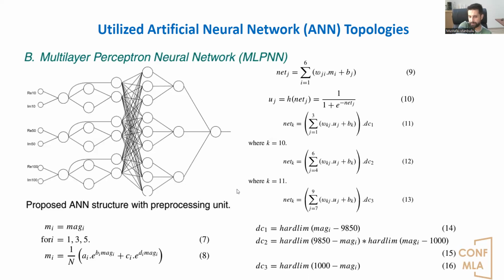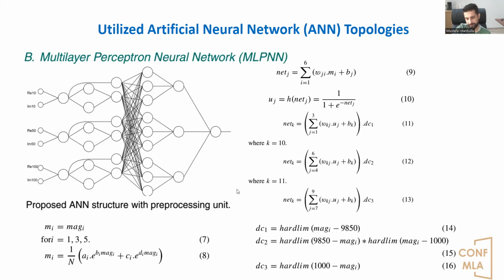At the next step, all net j calculations are applied to the logarithmic sigmoid activation function as shown in equation 10, where Uj is the output of, let's say, the third layer.